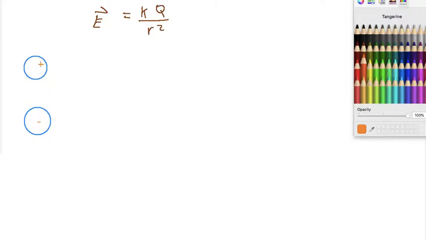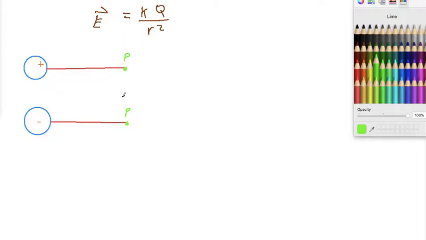And now what we do is there is a point P away from it. Let's just make point P right here.